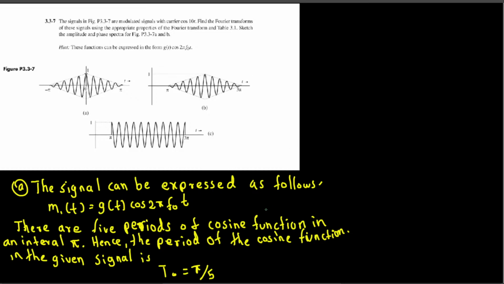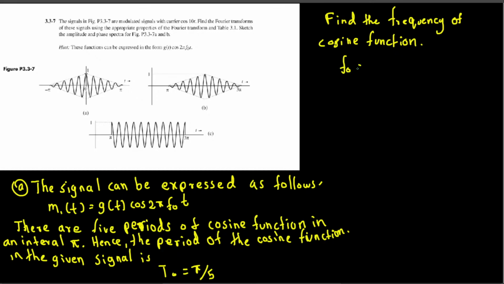If we have the period, we can find the frequency of the cosine function. Frequency is given by f naught equal to 1 over t naught, and we already know t naught, that is π over 5.